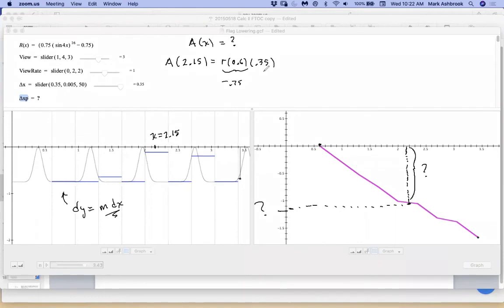Remember, for any change in x, the change in this case, height, is that change times the rate. I need that full definition. Only knowing how much change we get for a change of 1 unit is not going to be good. I need to be able to know how much change I get for any change in time. m dx. Continuing. So then I want the change from the next interval.